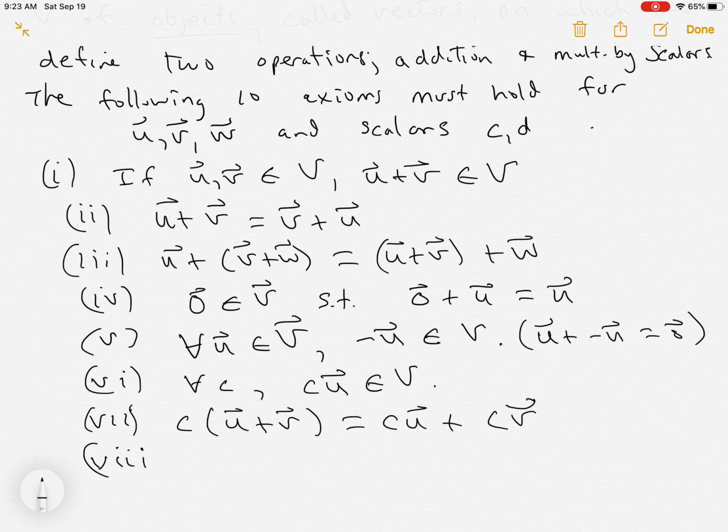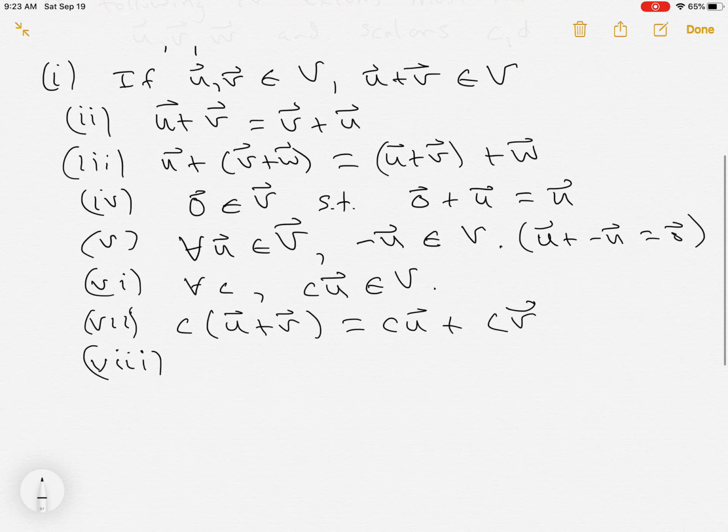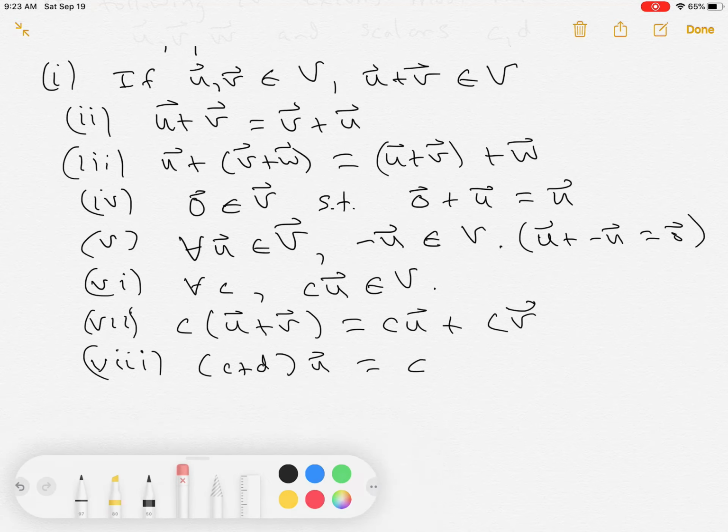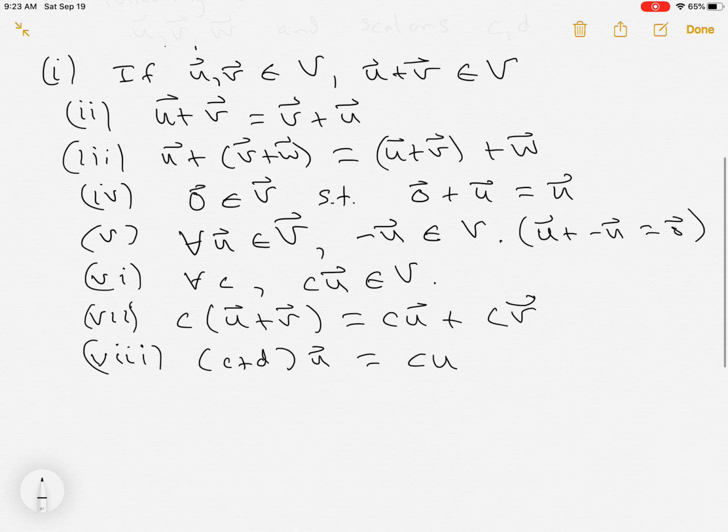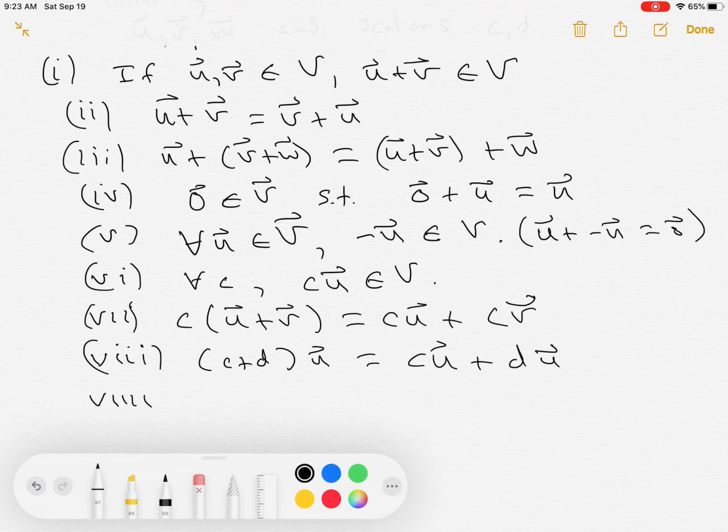8. And if I have two scalars, c and d, and I add them together and multiply by u, I get cu plus du. 9, wait, how do you do 9? I forget.